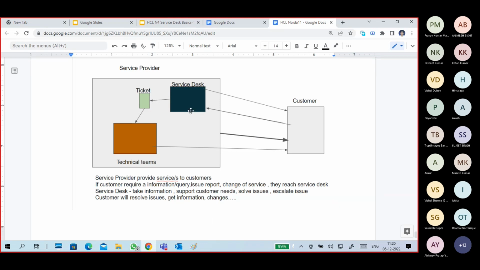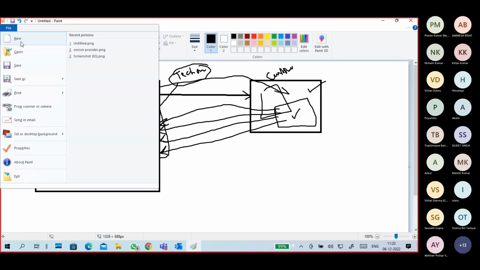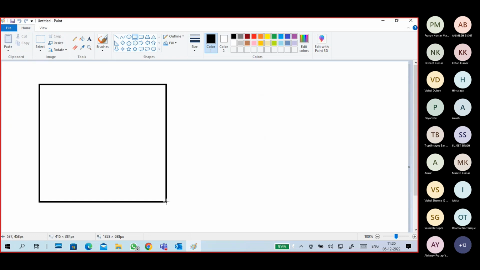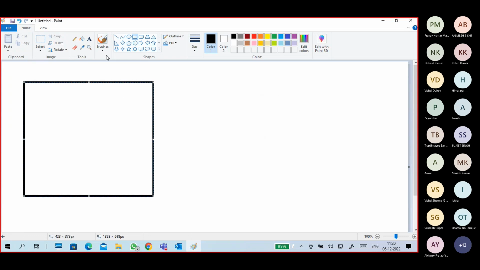Once again, I will tell you guys, this is the service desk. This is my organization, the service provider, and here is my customer. I provide certain services to the customer.